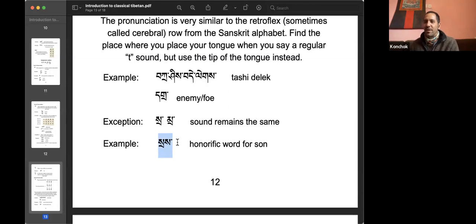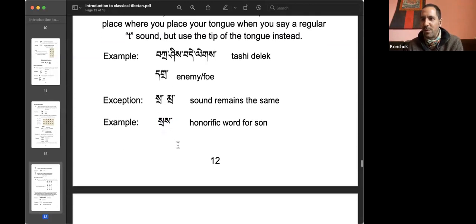A note on honorifics: we want to cover this later, but the Tibetan system has a whole range of honorific words, called shesa, and you use a different word if they are of higher social status or your lama. So this is the honorific of Bu. Bu is the normal son.